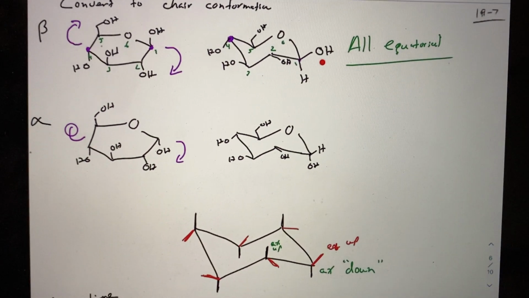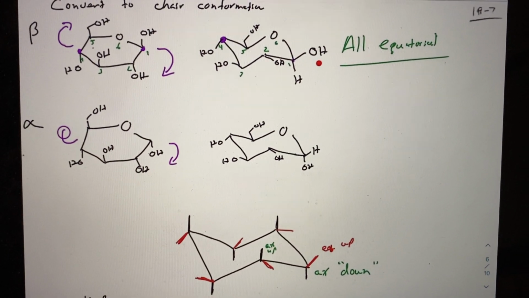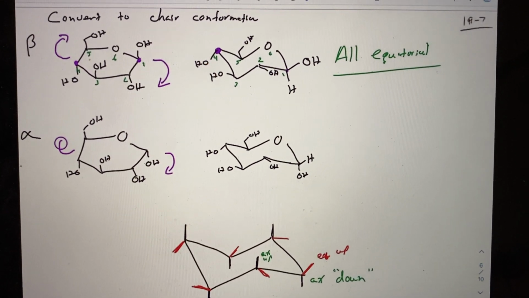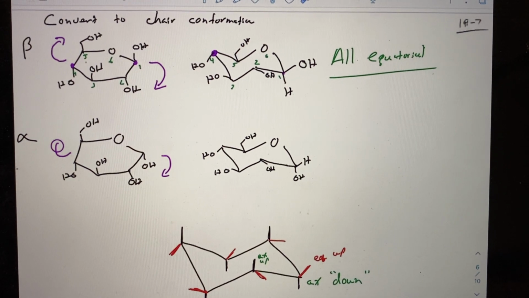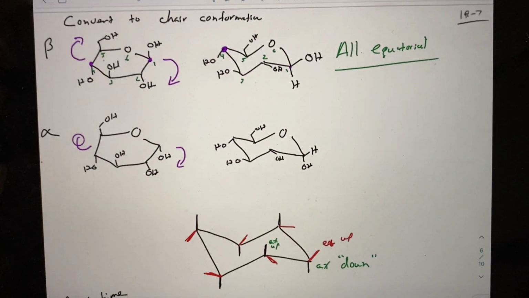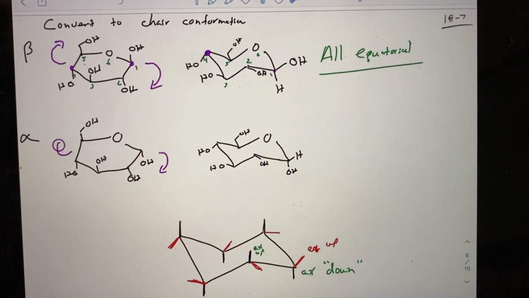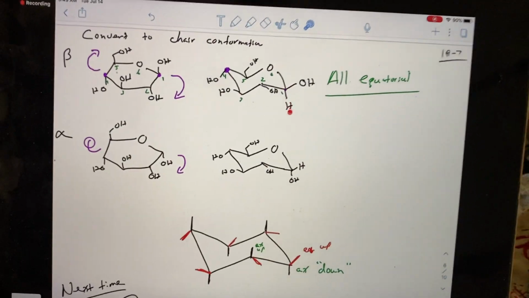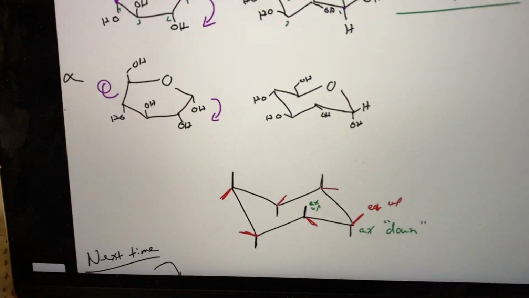And what we notice is in the beta conformation, every group is equatorial. So this is equatorial, as well as all of these other hydroxyl groups, and the CH2OH is equatorial. And the general finding is that having a larger group at the equatorial position is energetically favorable compared to having it at the axial position. There are exceptions to this.